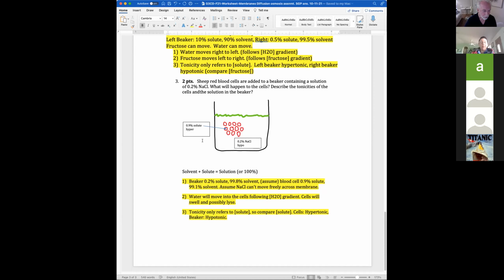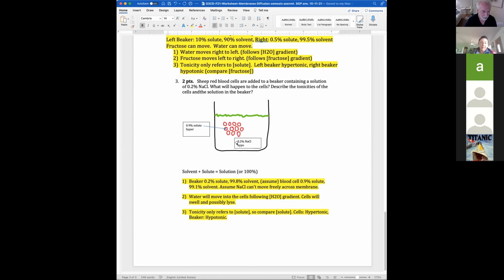Well, we know that blood cells are about 0.9% salts. Any cell is about 0.9% salts. And put in a beaker with 0.2% salts. So the solute concentration in the beaker is lower than in the cells. And conversely, the water concentration in the beaker is higher than the water concentration in the cells.